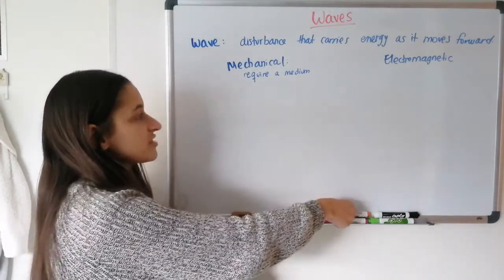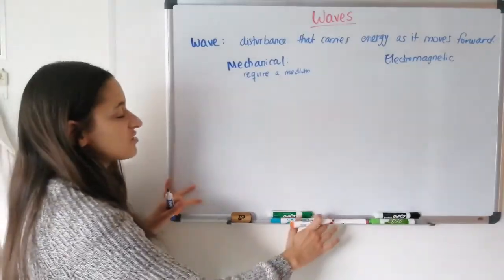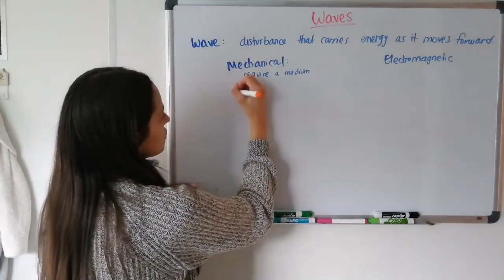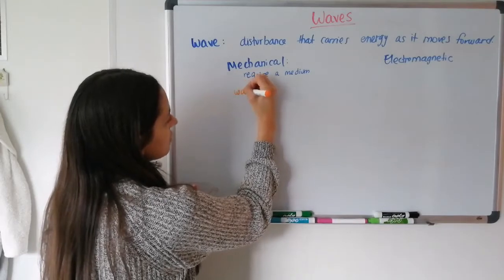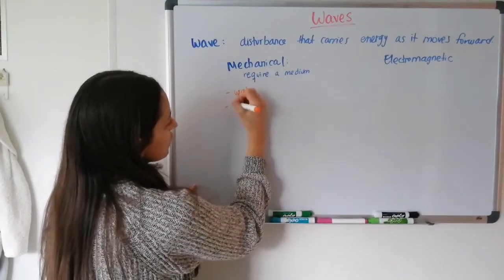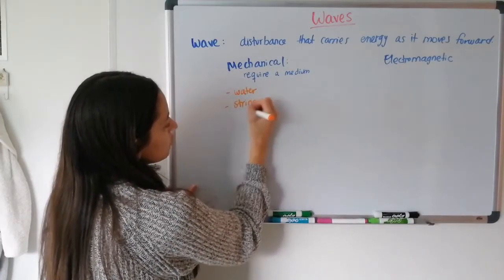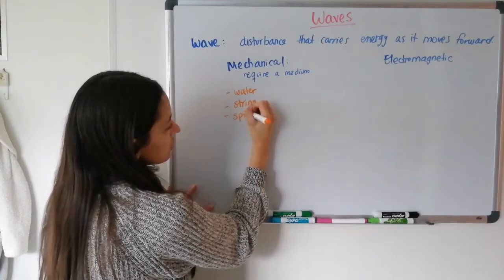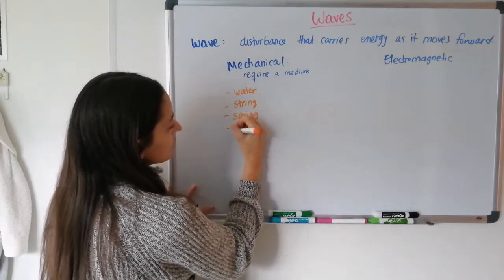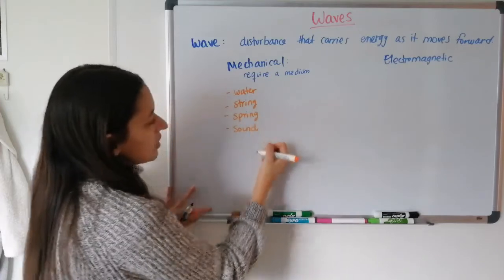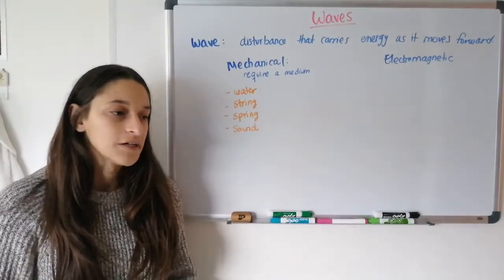So all of these are examples of mechanical waves. So that includes water waves, waves on a string, waves on a spring or resorte, sound, and many other types of waves.